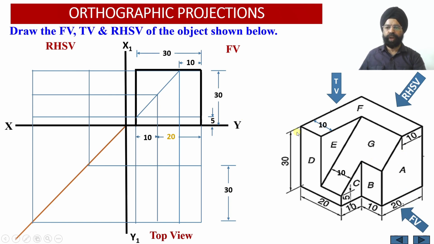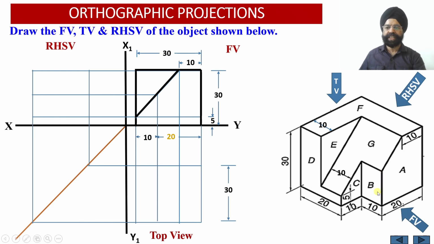Now let us move on to this slant edge corresponding to the surface G. I need to join this slant edge dark. This entire surface G, which is an angular surface, will appear as a straight line from the front view. Now having obtained this, I need to obtain this edge and this edge.